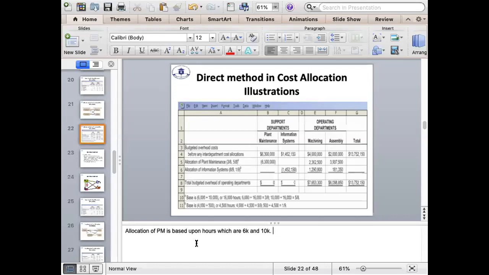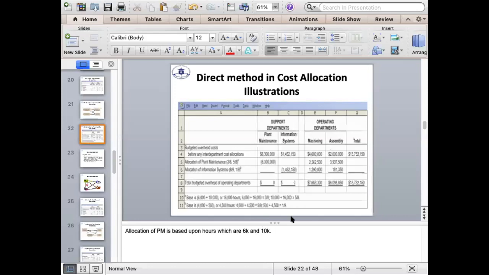What does it mean? It means service department providing 6,000 hours of service to machine department and 10,000 hours to assembly.